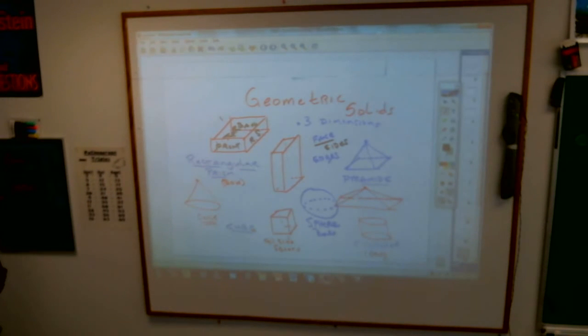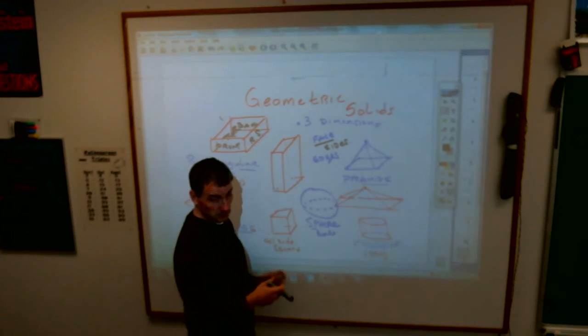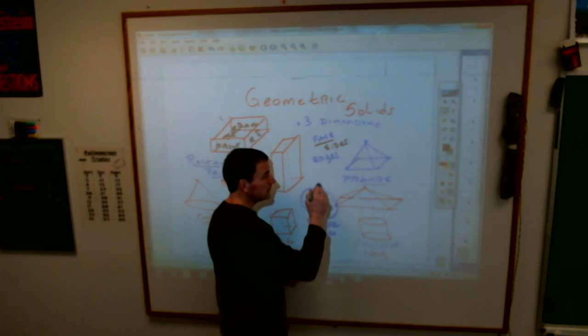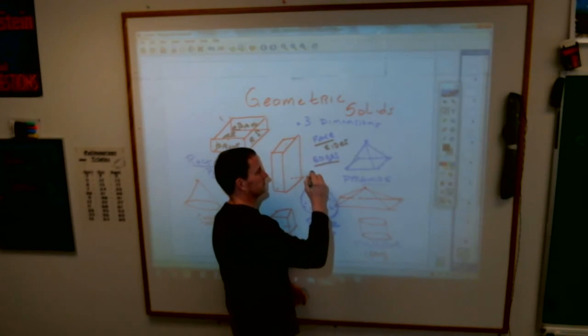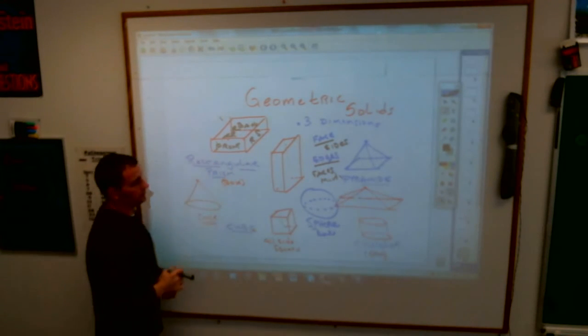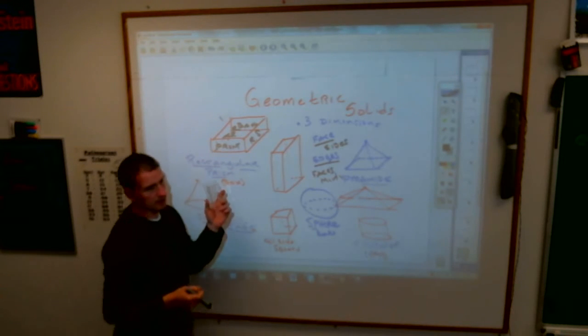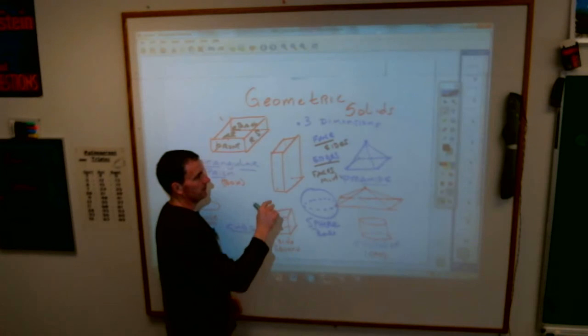What are edges? Edges are where two sides meet, where 2 faces meet. So if you looked at a rectangular prism, how many edges do they have?